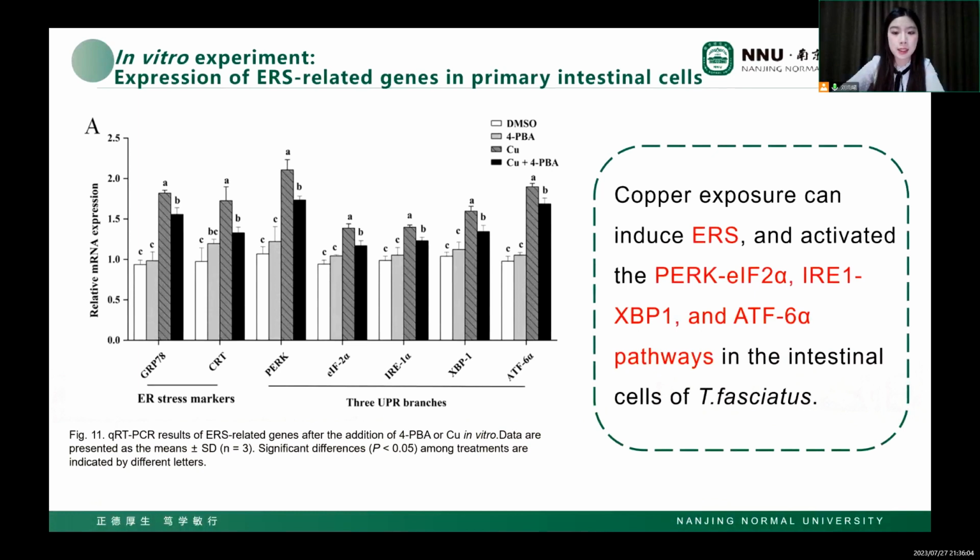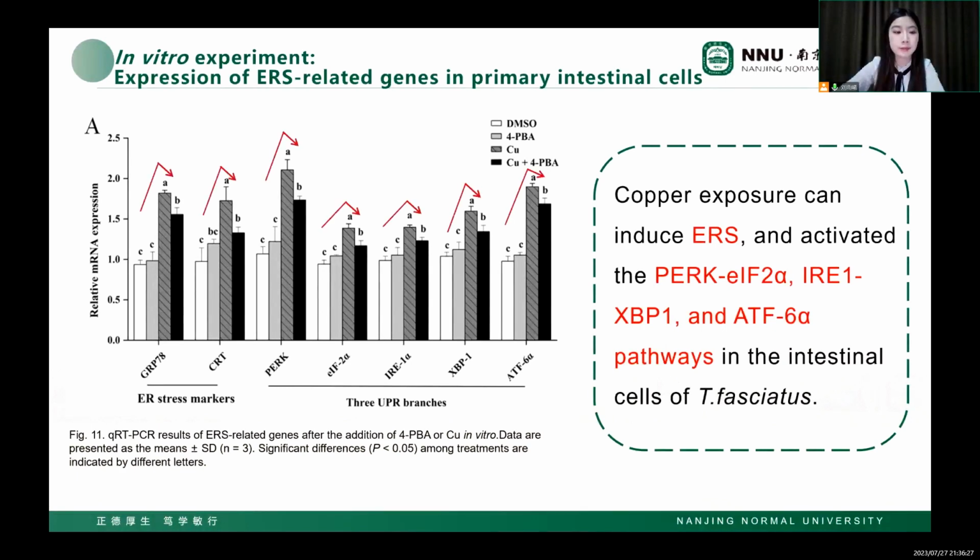This indicates that copper can activate the PERK, EIF2 alpha, IRE1, XBP1, and ATF6 alpha pathways in the intestinal cells of T. fasciatus. And after the addition of 4-PBA, the expression of all these genes decreased significantly.